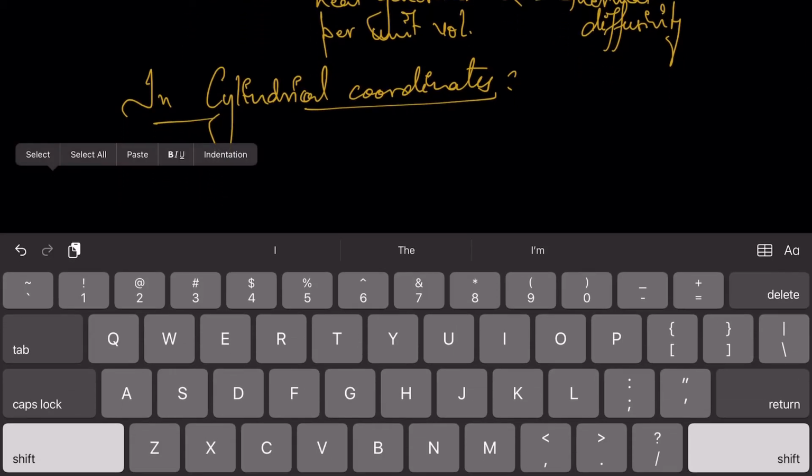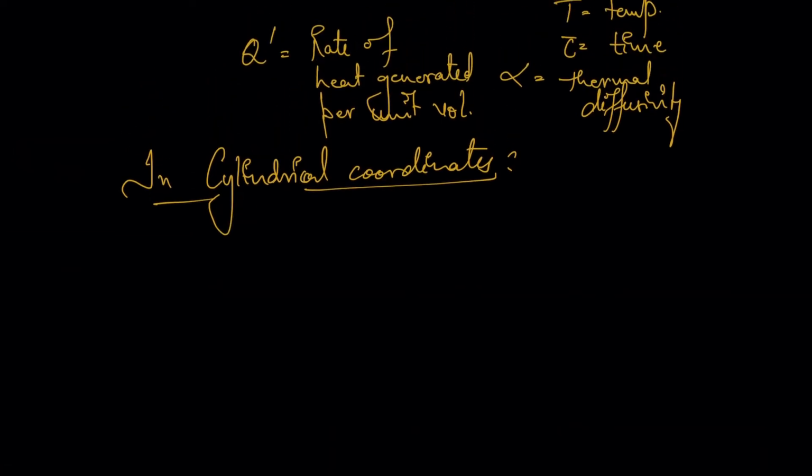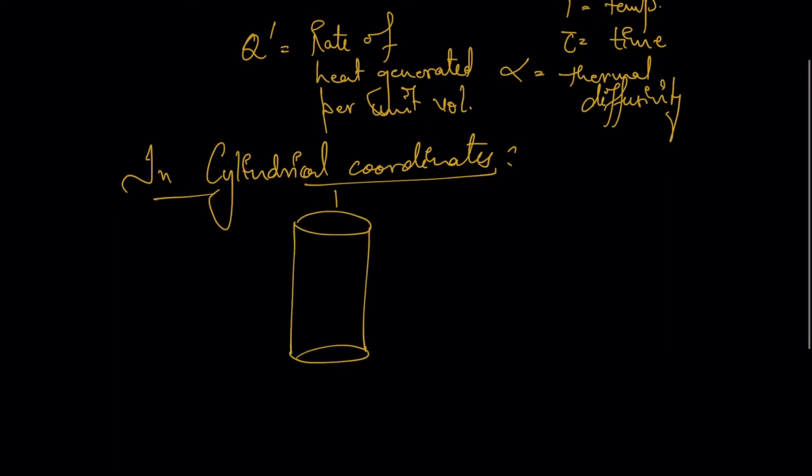Let's draw a cylinder. Let's assume this is the z axis, this is the x axis, and this is the y axis. Suppose this is the radius, the radius of the cylinder is r.